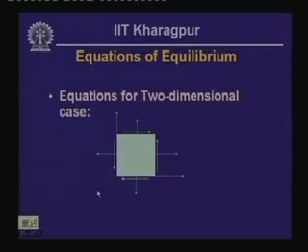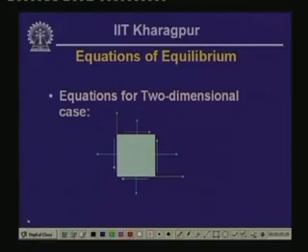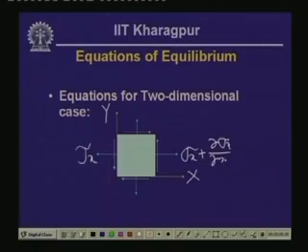Now, these equations of equilibrium can be written down in a two dimensional form as well. As usual, if we designate this as the x y plane, here we have x, here we have y, this is sigma x, and the variation along x is sigma x plus del sigma x del x over the length dx, where this is length dx and this is dy.